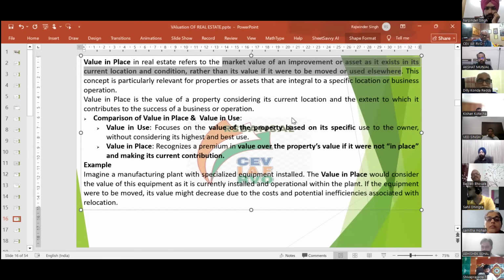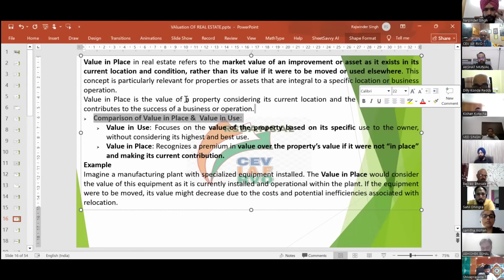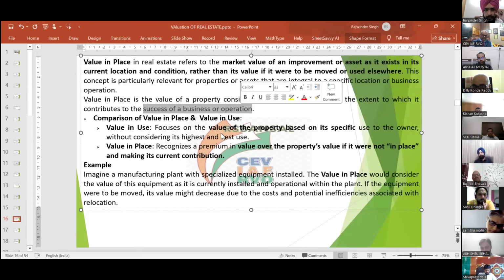Value in place of a property considers its current location and the extent to which it contributes to the success of a business or operation.